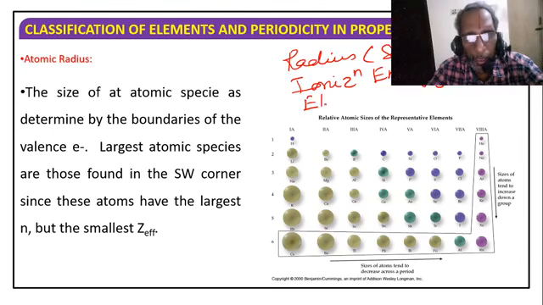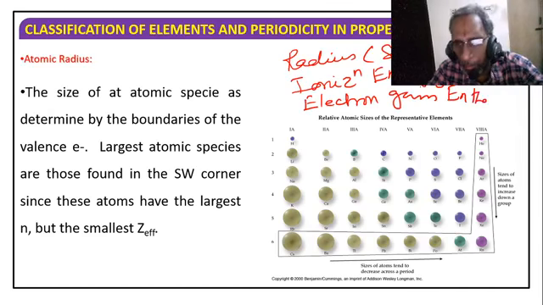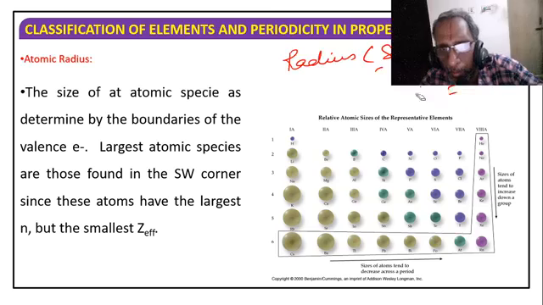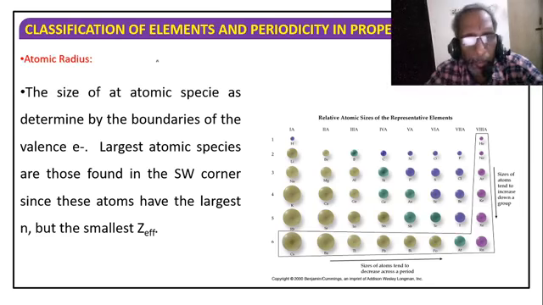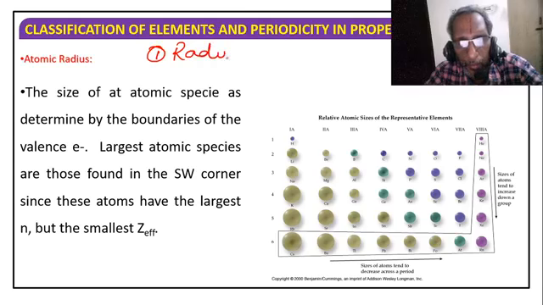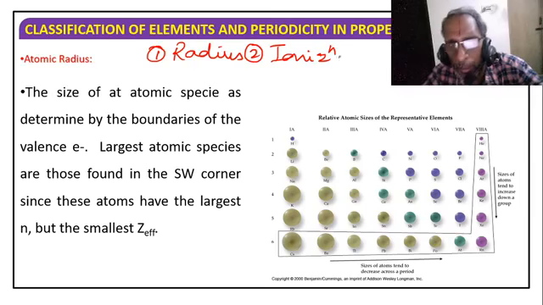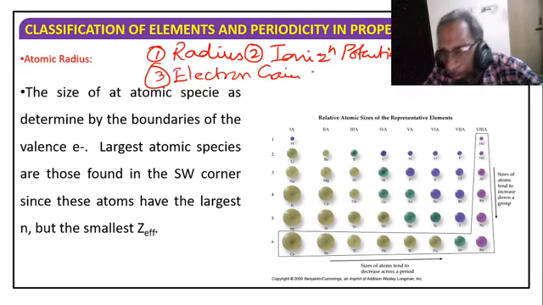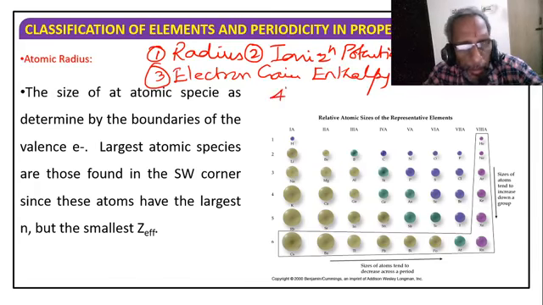Third one is electron gain enthalpy. Fourth property is electronegativity.